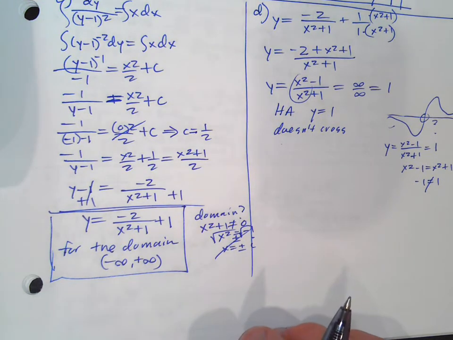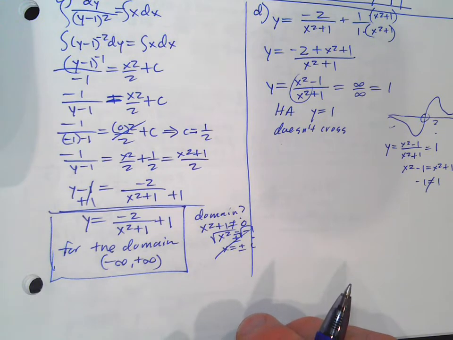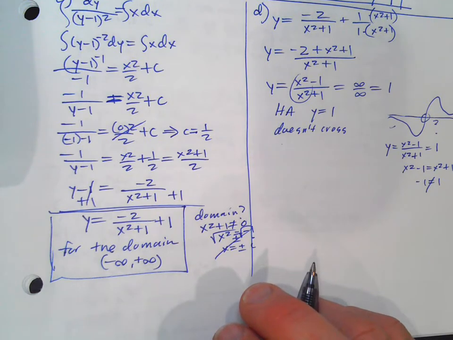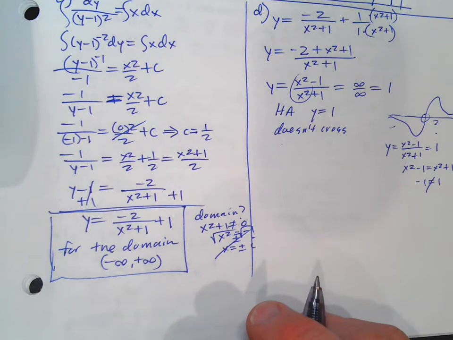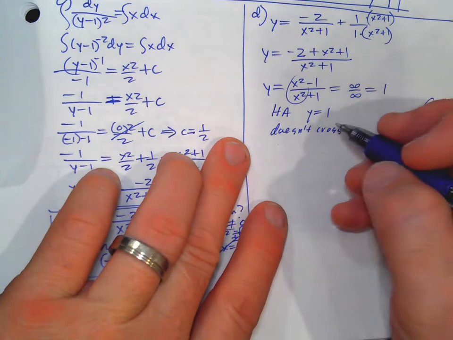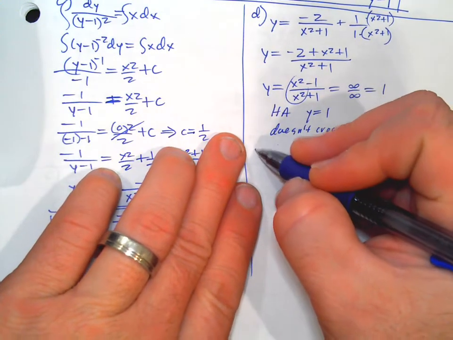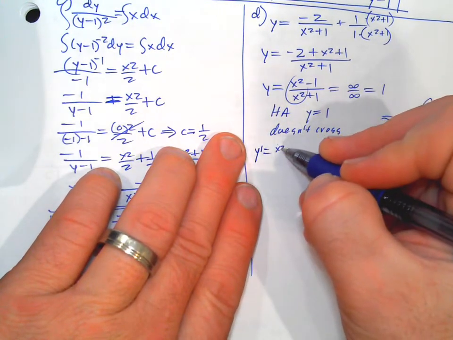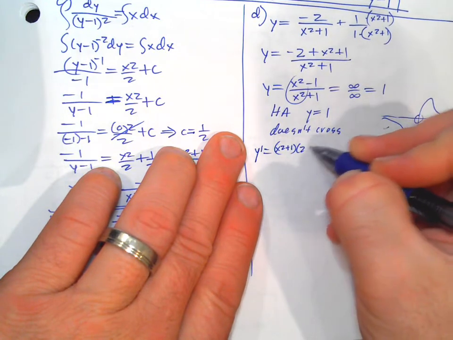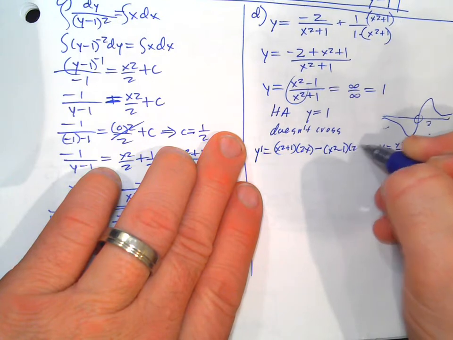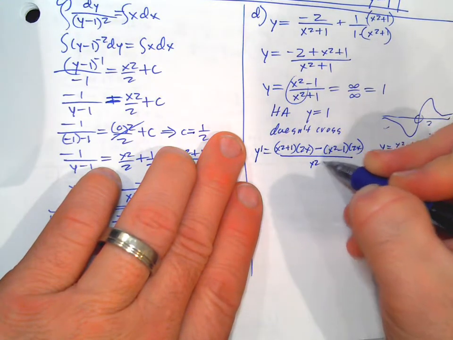Now, let's see. We could see if there are any critical points. y prime equals low d high minus high d low all over low squared.